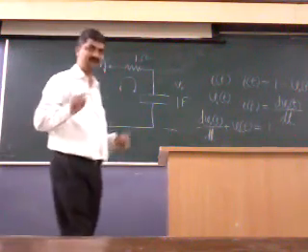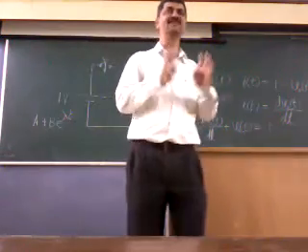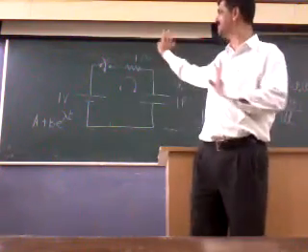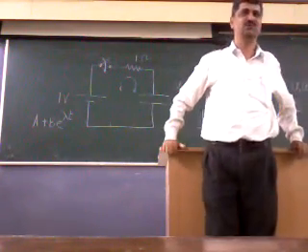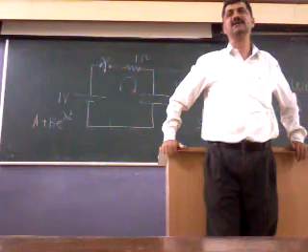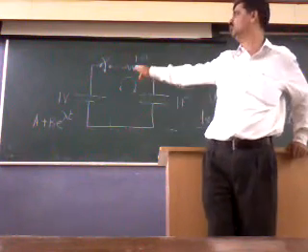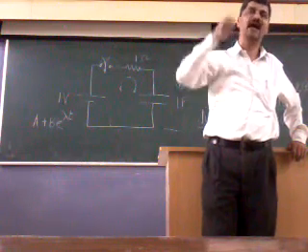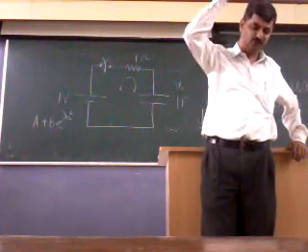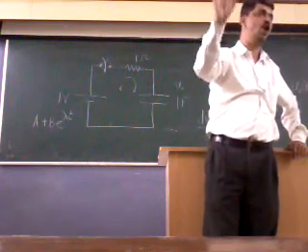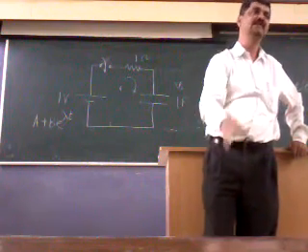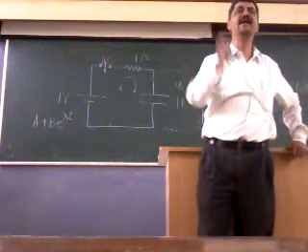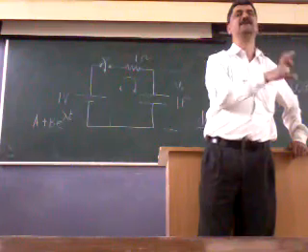Whenever such circuits are given for analysis which consist of one capacitor or one inductor, the voltage across any two points or current through any path is always of the form A plus B e raised to lambda t.